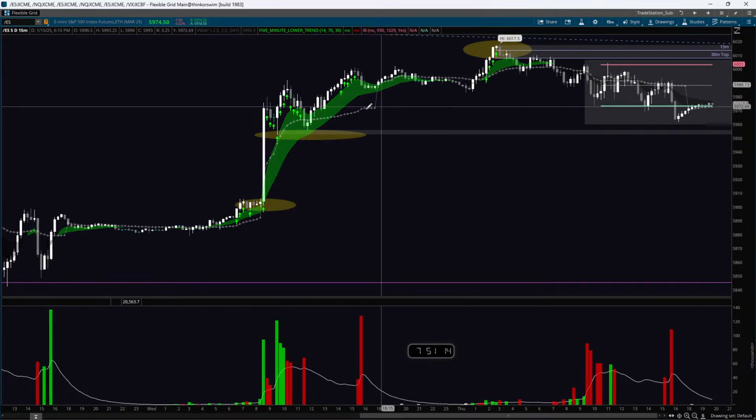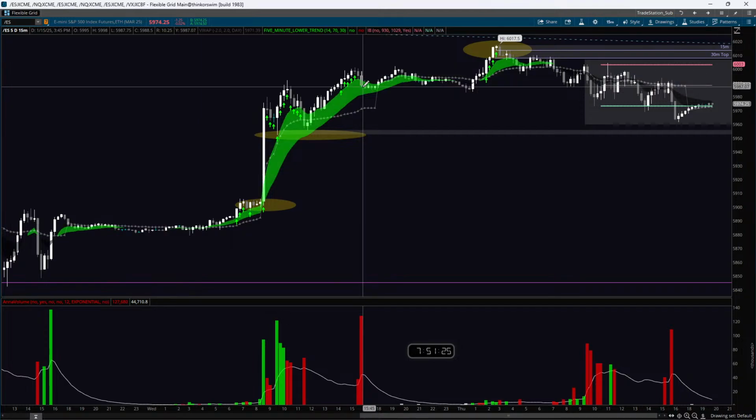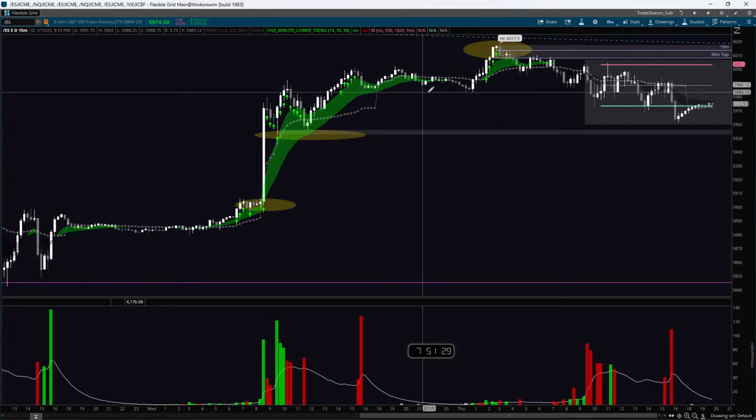This buying we cleared. I'm still interested in this here. This strong selling here. We kind of chopped around it a lot.